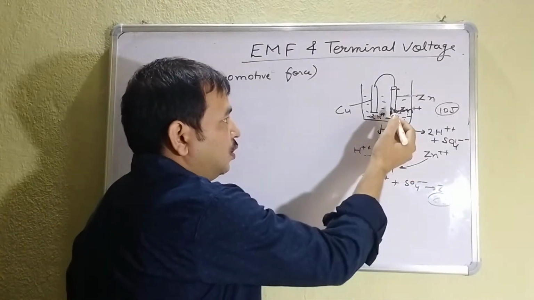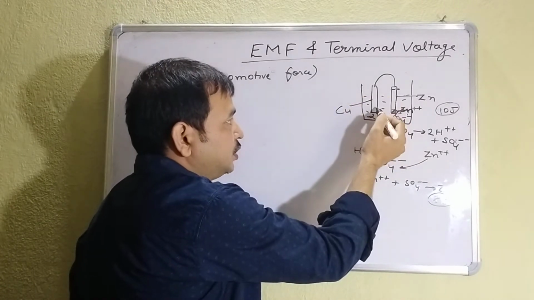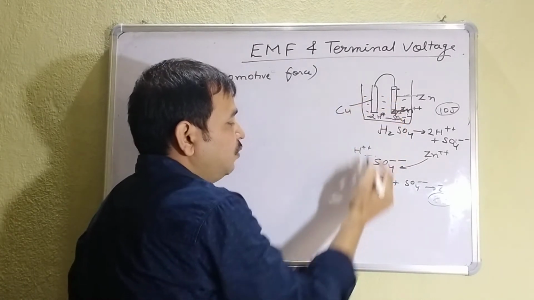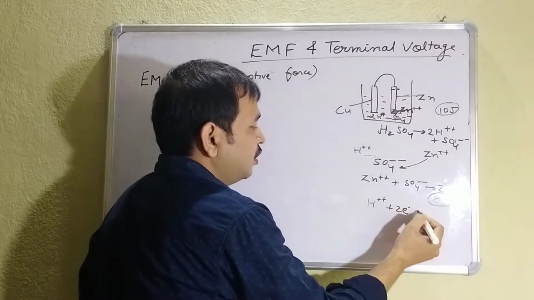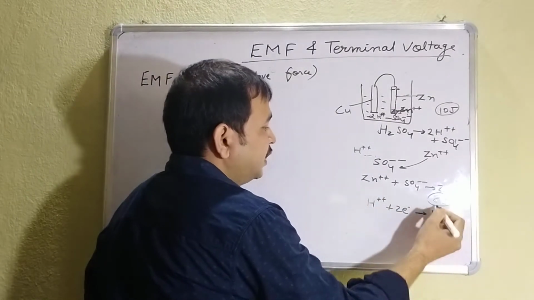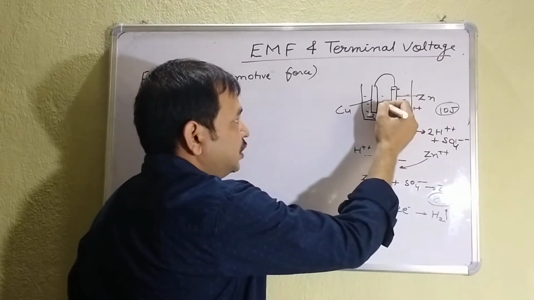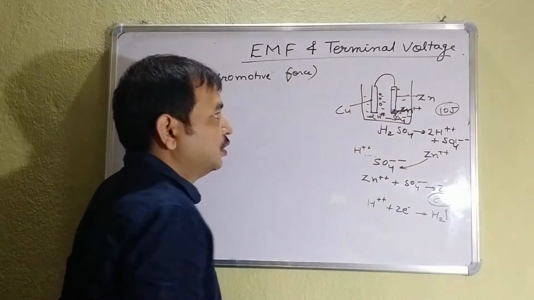Now, after that, this H++ combines with these 2 electrons to make hydrogen gas, and you will see the bubbles emerging from this side.